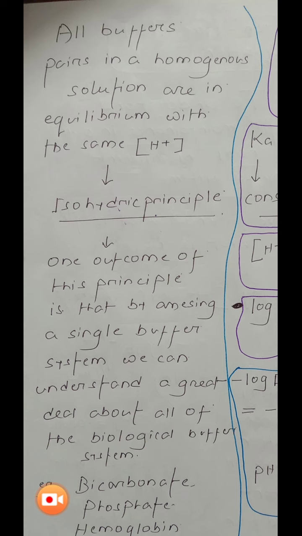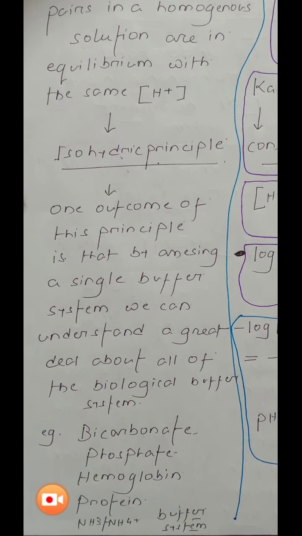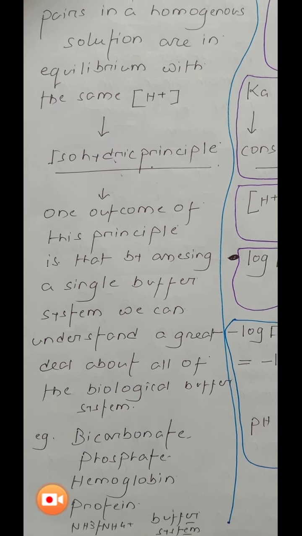One outcome of this principle is that by assessing a single buffer system, we can understand a great deal about all the biological buffer systems. That is bicarbonate buffer, phosphate buffer, hemoglobin buffer, protein buffer and ammonia buffer.